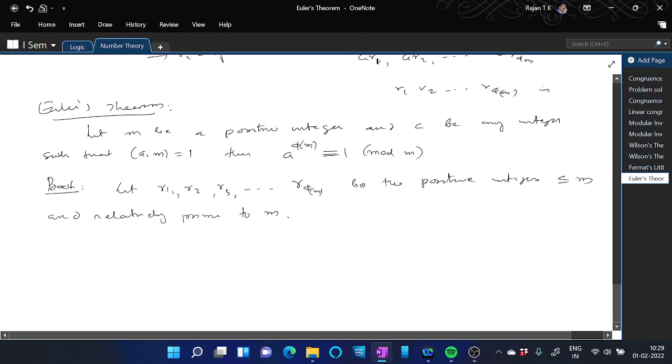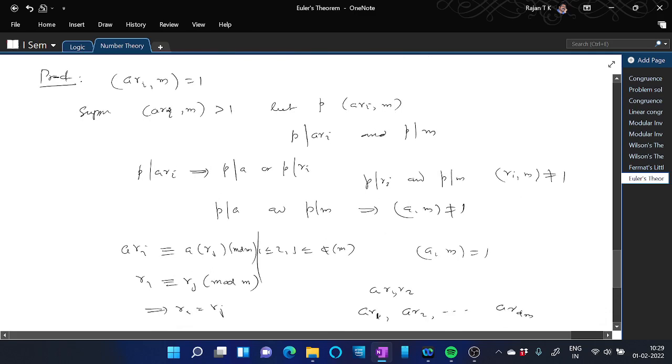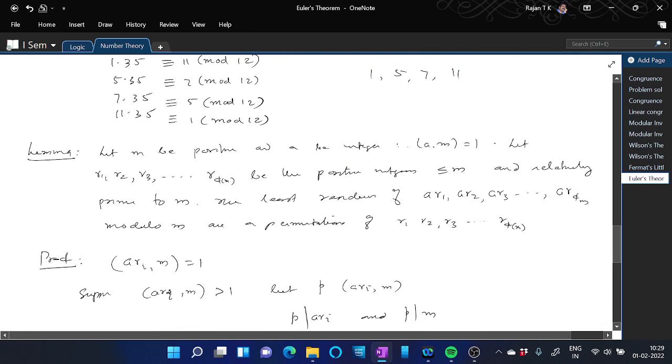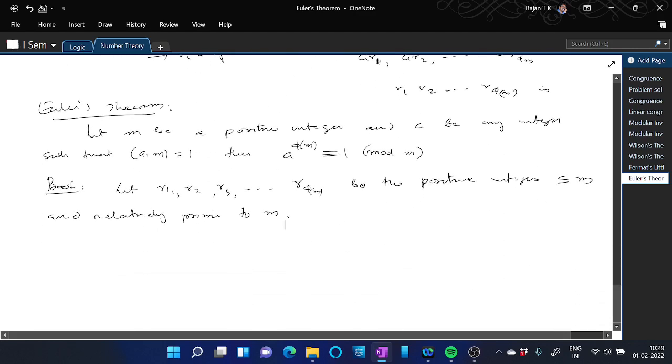Then by the lemma that we discussed just now, the least residues of ar1, ar2, ar3 etc. ar phi m is a permutation of r1, r2, r3 etc. r phi m. Then the least residues of ar1, ar2 etc. ar phi m are r1, r2, r3 etc. r phi m in some order.